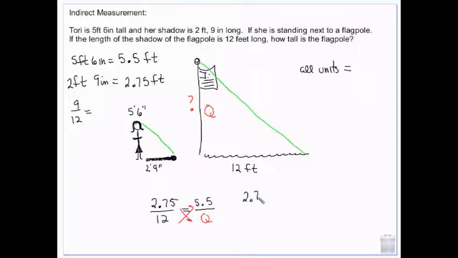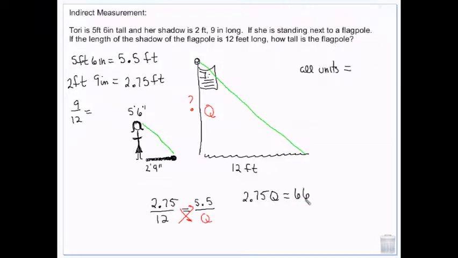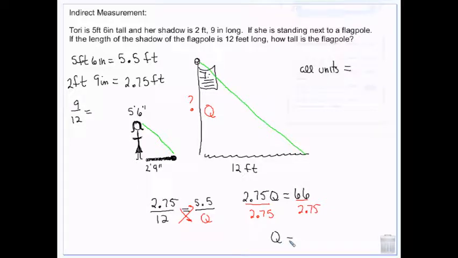And I get 2.75 Q is equal to 12 times 5.5, which is 66. Divide both by 2.75. And Q is 24 feet.